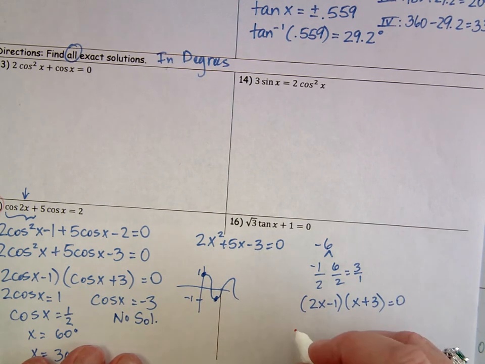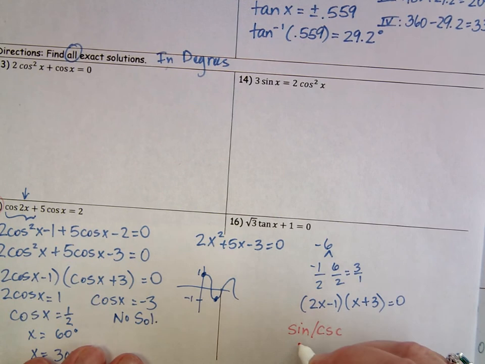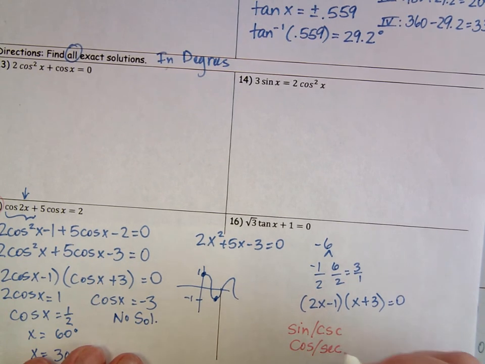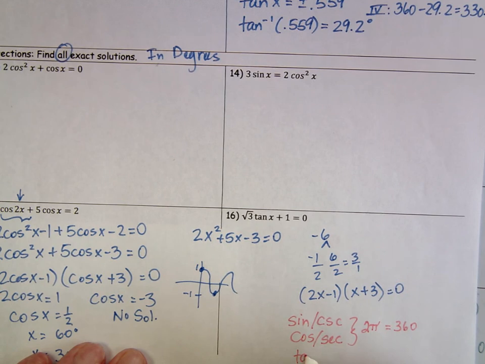And we know that the sine and the cosecant and the cosine and the secant all have a period of 2 pi, which is 360. And we also know that the tangent and cotangent, they're a little skinnier, their periods only take 180 degrees, or pi.